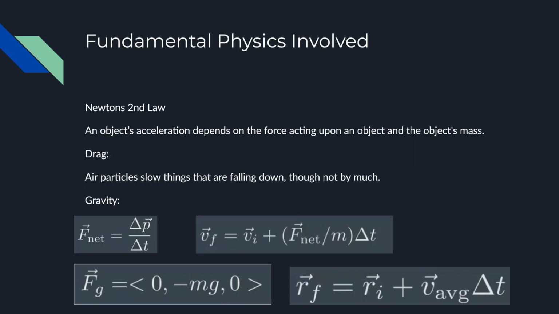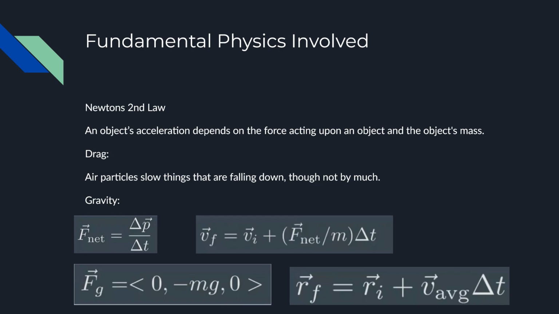And here are the fundamental physics involved. First of all, Newton's second law: an object's acceleration depends on the force acting upon it and the object's mass. Drag is pretty much just that air particles will slow things down as they're falling. They just kind of get in the way.